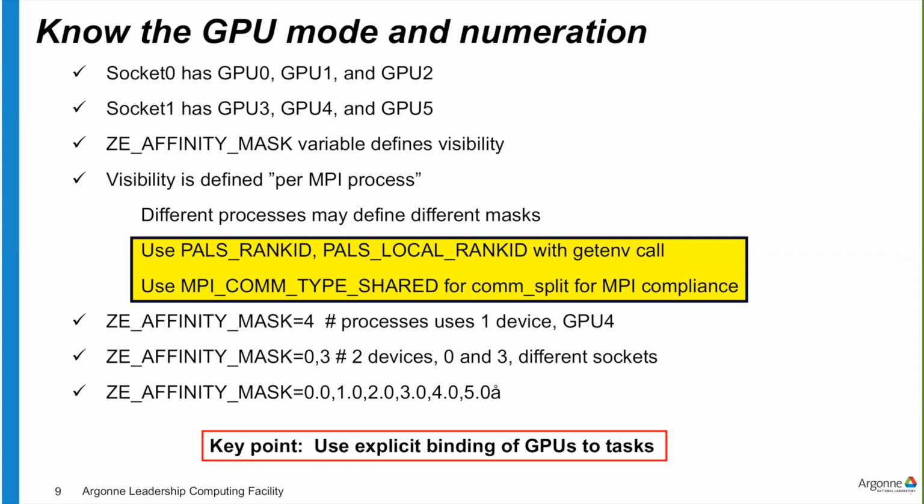If you treat each GPU as two independent devices, so basically each tile is considered a GPU, then the affinity mask is more complex. It should use device and sub-device in the enumeration.